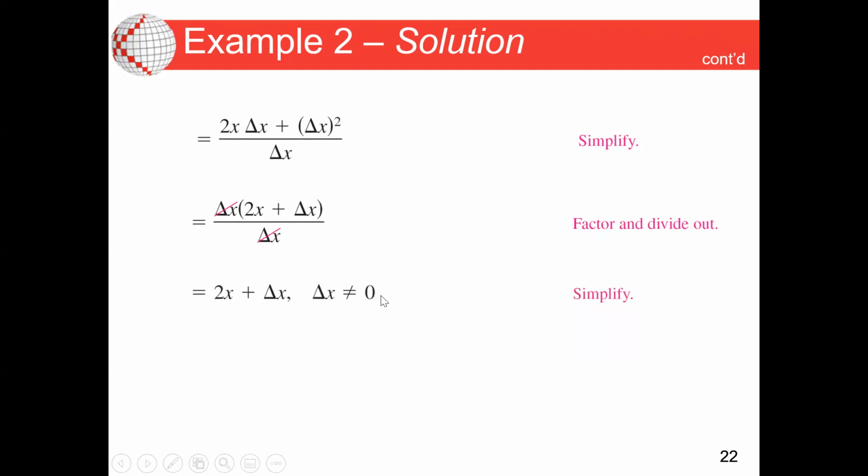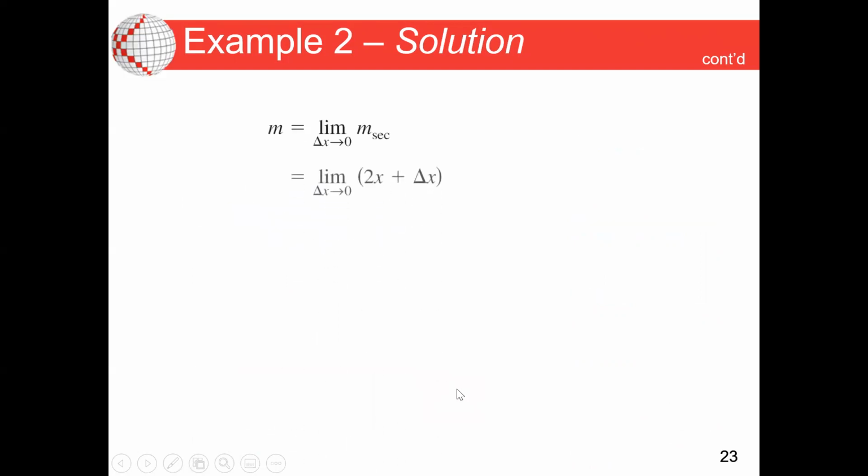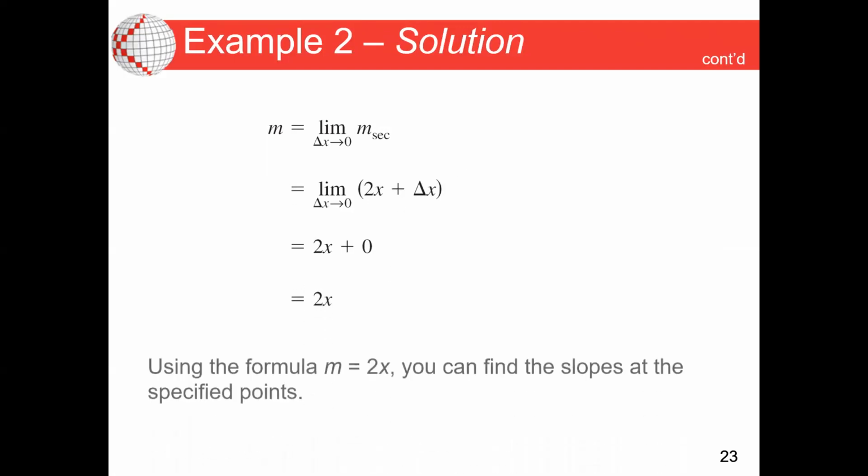We know dx is approaching 0, so the answer will be 2x. So now with the concept here, we can find the slope using this. So this is our formula now. And remember they gave us the point.